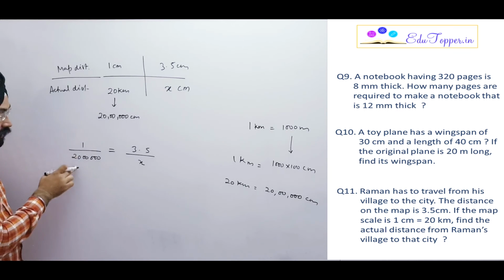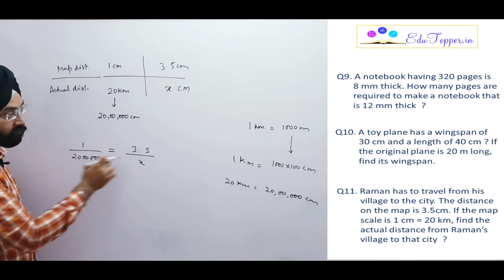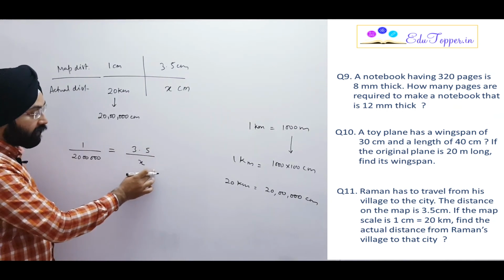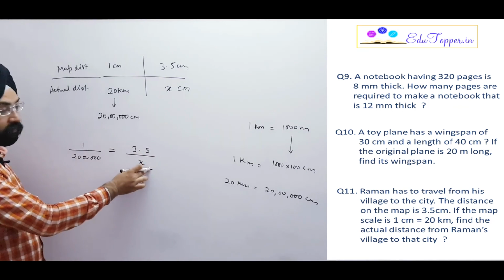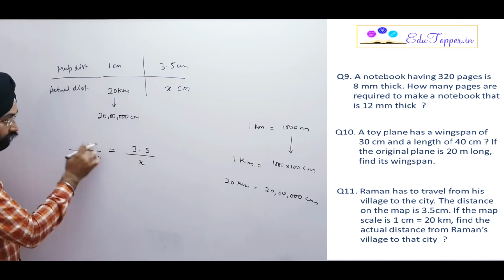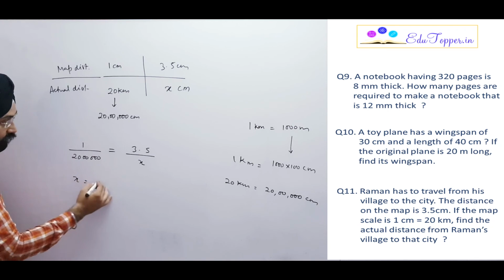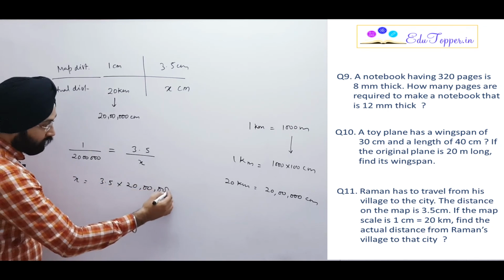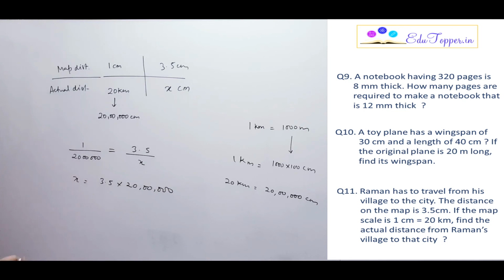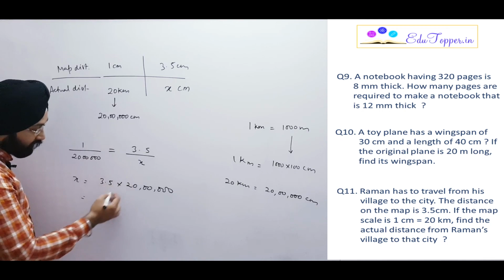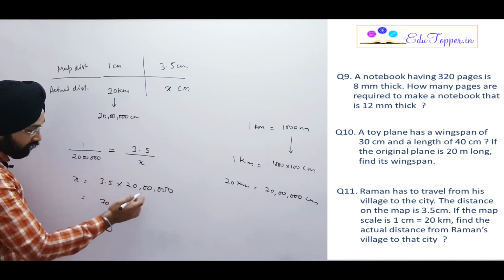Map distance, actual distance in centimeters, this is the required map distance 3.5 centimeters, and equivalent to that this is the required original distance on land. So the value of x will be 1 into x is equal to 3.5 into 20 lakhs, right? 3.5 into 20 lakhs. Now 3.5 into 20 makes it 70 and then lakhs.